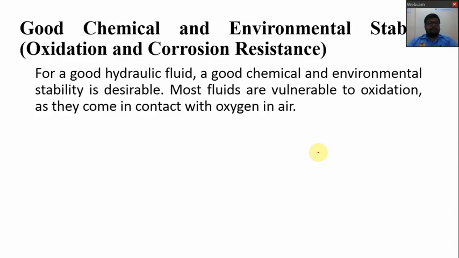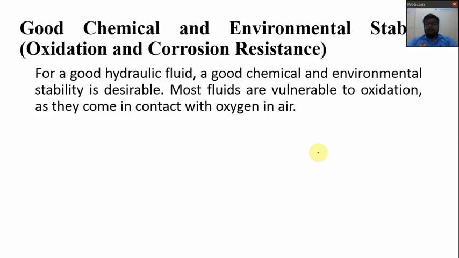The next one is good chemical and environmental stability, also known as oxidation and corrosion resistance. So for a good hydraulic fluid, good chemical and environmental stability is desirable. Most fluids are vulnerable to oxidation as they come in contact with oxygen in air.